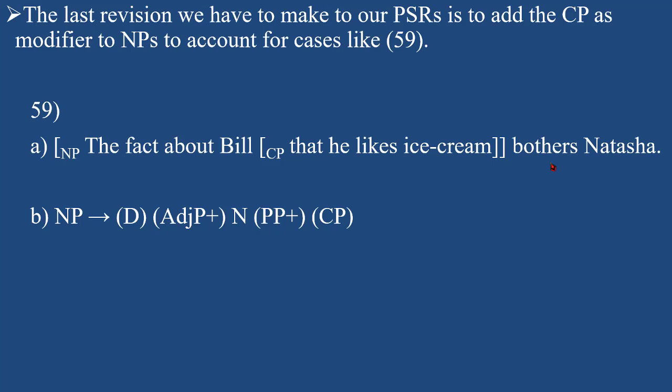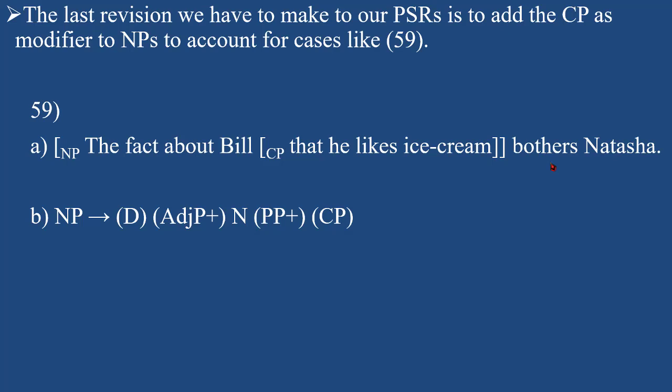Right, so the last revision we have to make to our base rules is to add the CP as modifier to NPs to account for cases like 59. So the fact about Bill that he likes ice cream bothers Natasha.